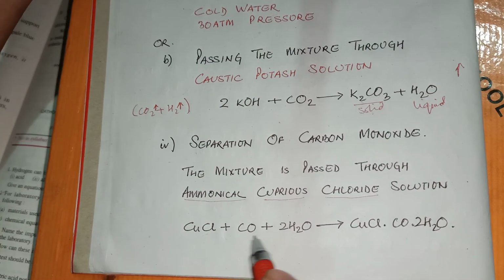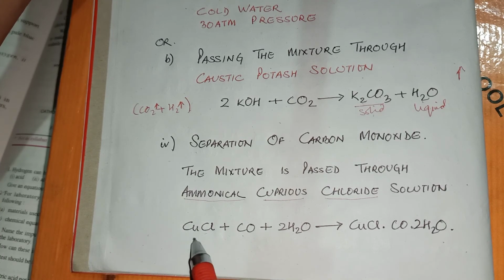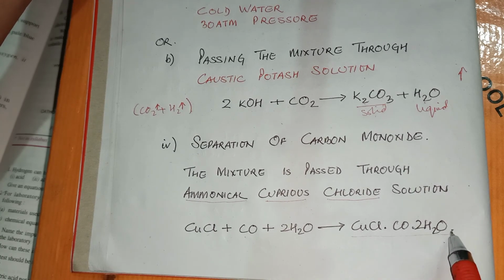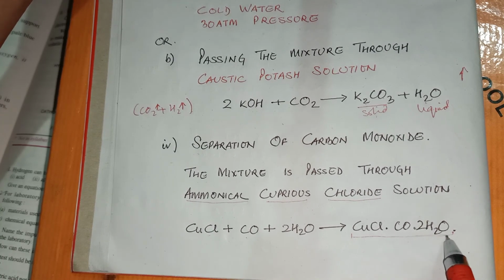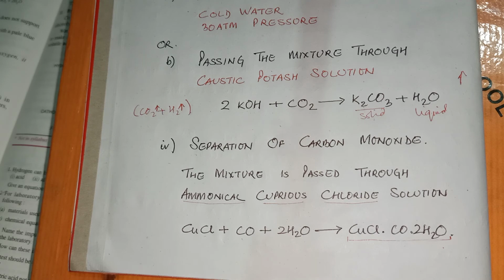So this is the reaction which carbon monoxide undergoes. This carbon monoxide reacts with cuprous chloride and water, producing a complex compound, and this is solid in nature. Thereby, the final gas which comes out from this solution will be the pure hydrogen.